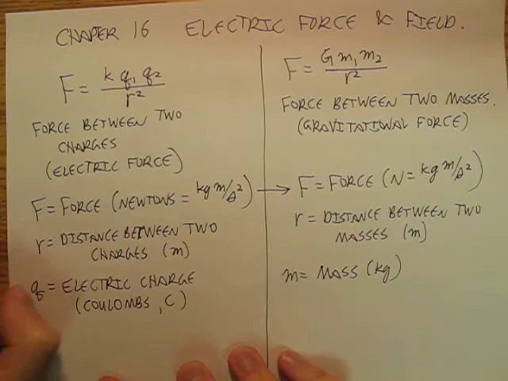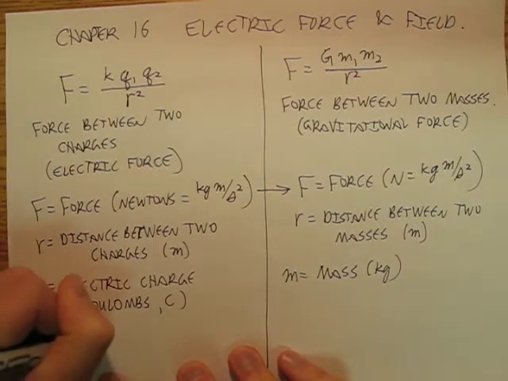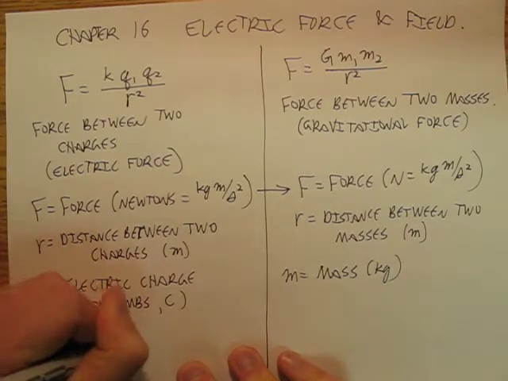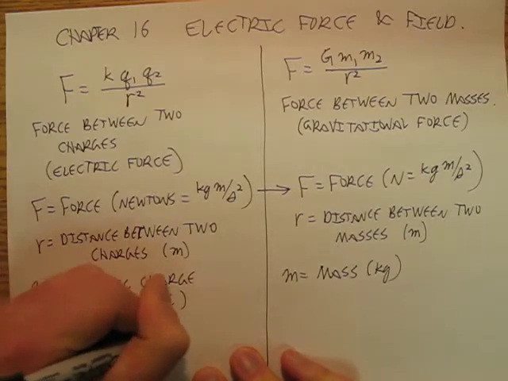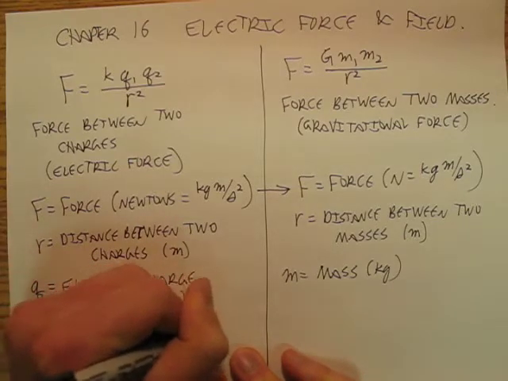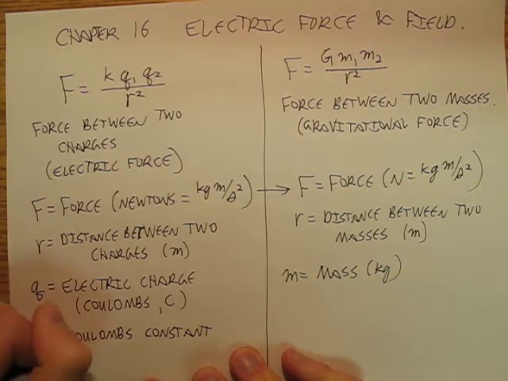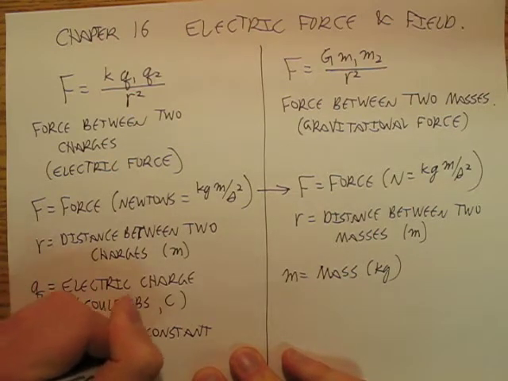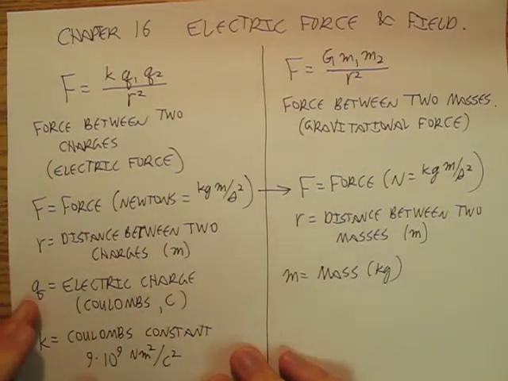And then finally we have our constants. We have K is Coulomb's constant, and it has a value of 9 times 10 to the 9th newtons meter squared per coulomb squared.